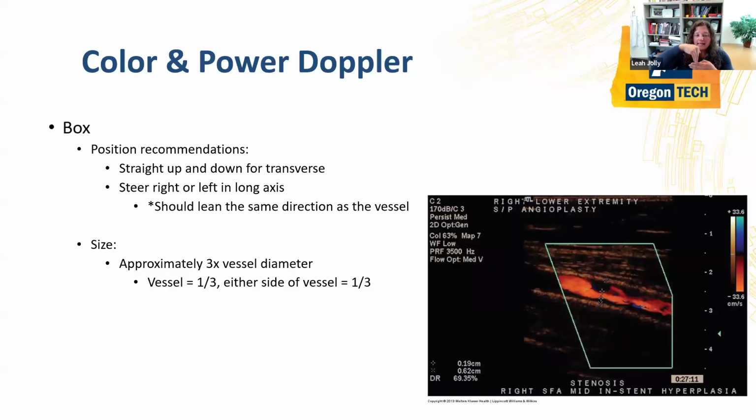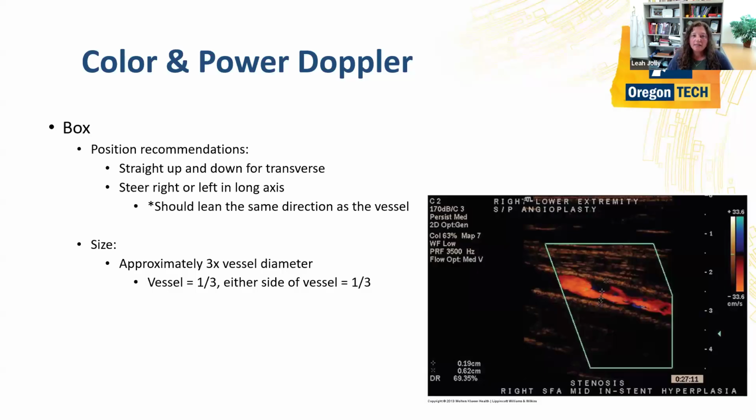If you come straight down on a vessel and encounter it at 90 degrees, there is no Doppler shift. So you can't see any flow, or it'll kind of be swirling in different colors and you can't tell which direction it's going. So you might need to tilt your probe forward or backward just a little bit to be able to get that color to show up.